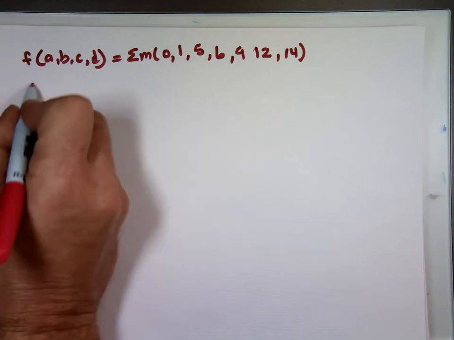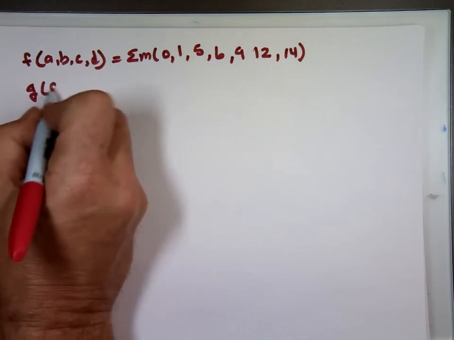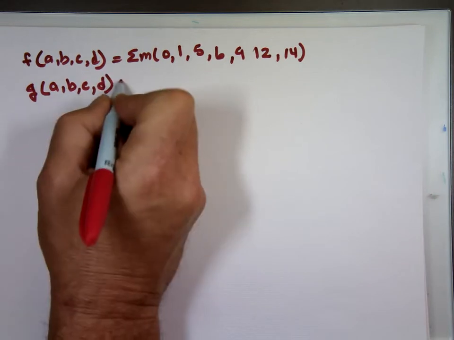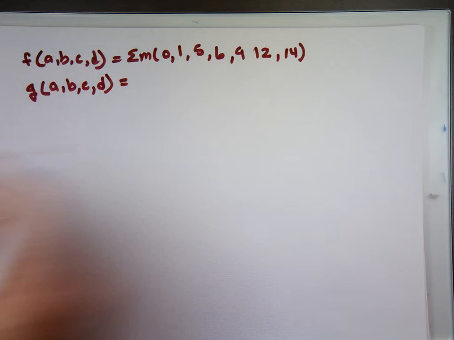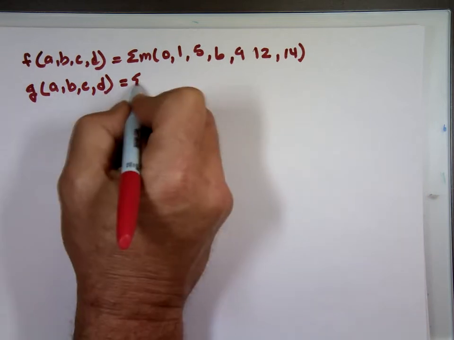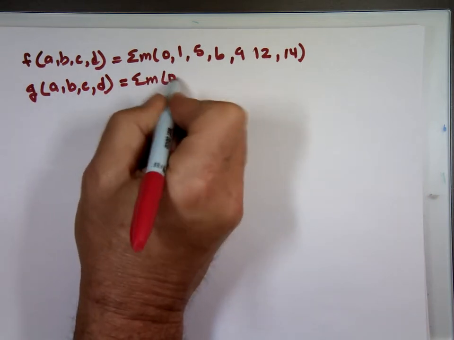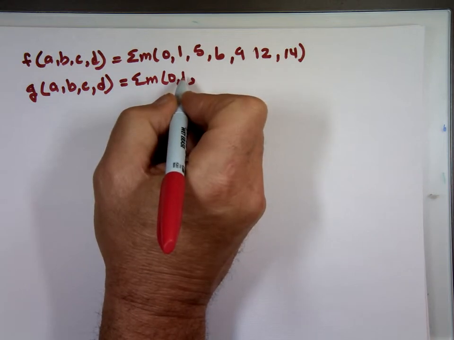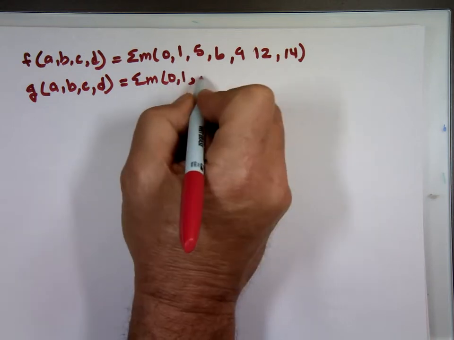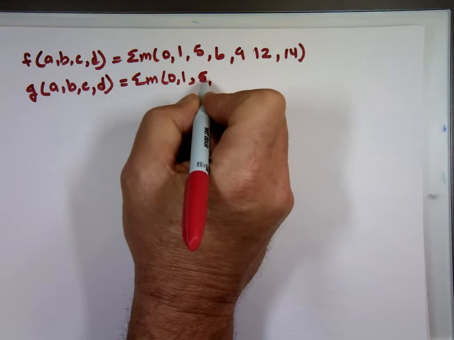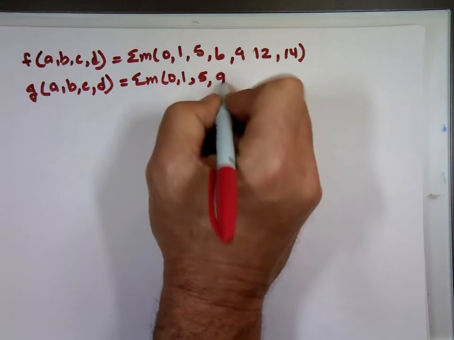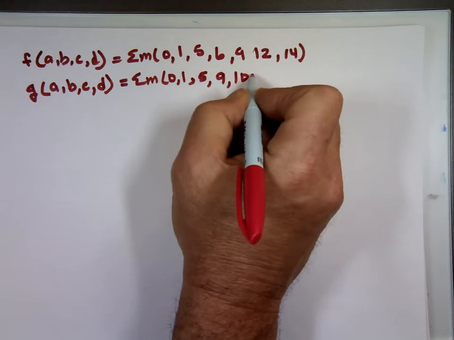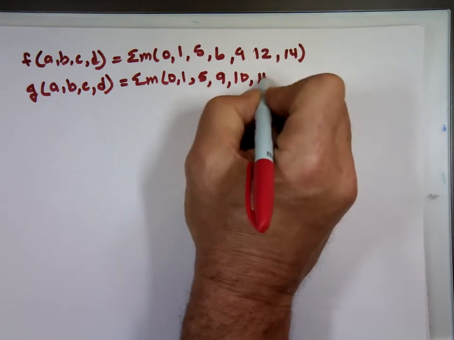And G of A, B, C, D equals 0, 1, 5, 9, 10, 14, 15.